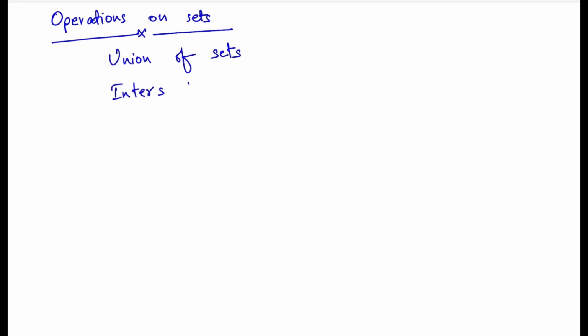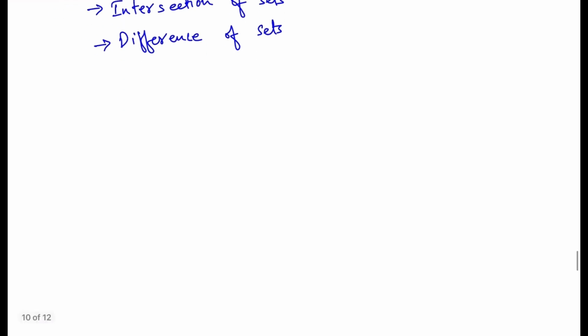Then our next subtopic will be difference of sets. These are the subtopics that we are going to see under operations on sets. So we will start our first subtopic, that is union of sets.